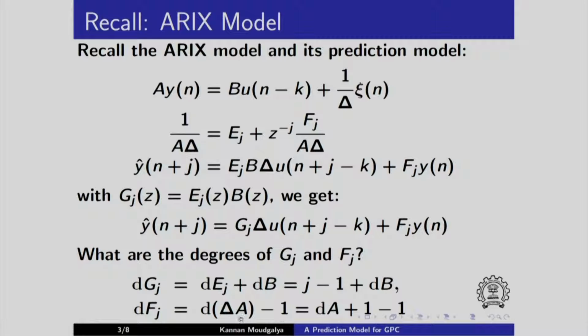If I substitute for delta and A, this will be degree of A plus 1, because delta is a degree 1 polynomial, given by 1 minus Z inverse. So I add 1 for this delta and then minus 1 here, these two cancel each other, and I get degree of A.